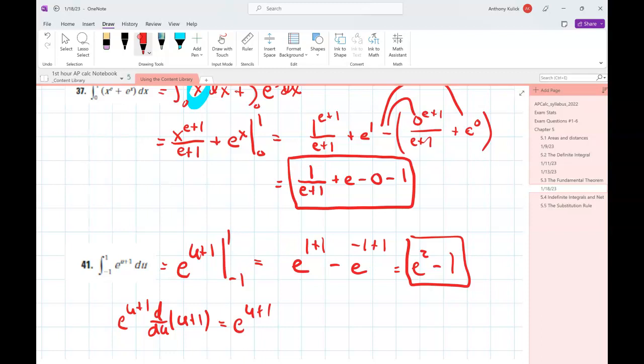Again, the trick there was recognizing that the antiderivative was just itself, which is not so bad, considering we can just ask, hey, I wonder what the derivative of this is. Since I know the derivative of e to the x is just e to the x, should it really matter if I put a plus 1 next to the variable? Well, let's check, right? That's what we did.